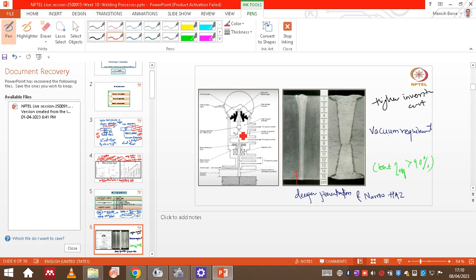Once the electrons are emitted from the cathode gun or source, they get accelerated with the help of a positive accelerating voltage and are directed at the workpiece. But as we have seen, the workpiece and this whole setup has to be kept in a vacuum atmosphere. So again, the investment cost or setup cost for this process is very high.